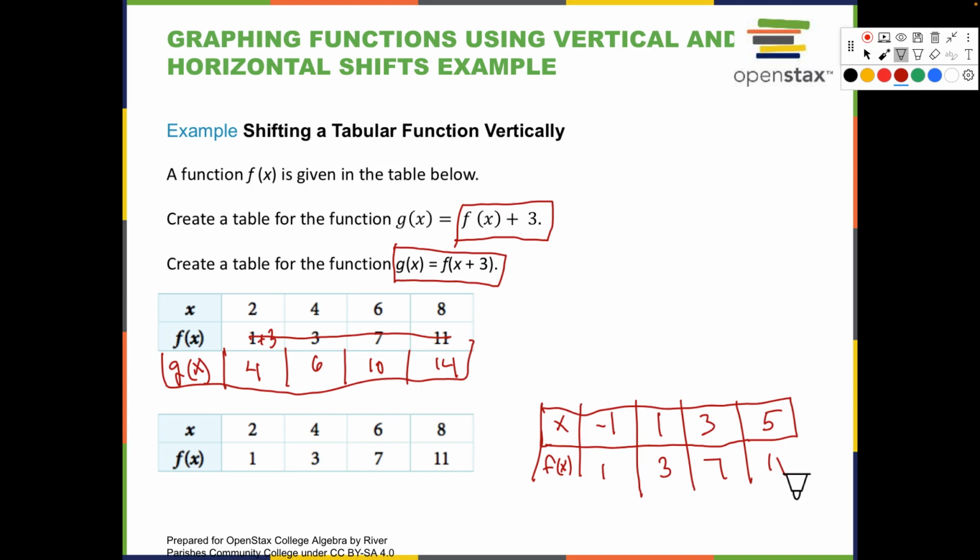What I visualize is that with the input, since that happens first, you're basically moving the axis 3 this way. If you move the axis over 3, the point has not changed, but instead of being at 2, it's at negative 1. That's the only thing that makes sense to me, but why is that?